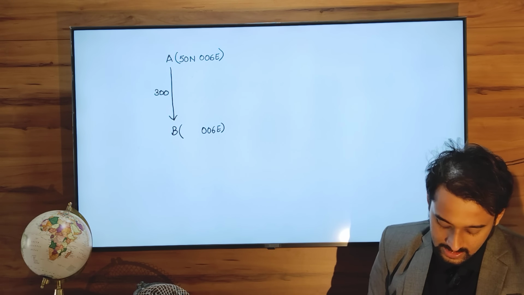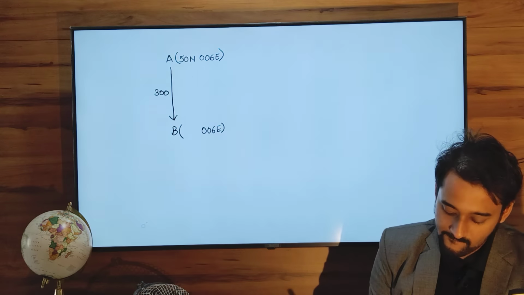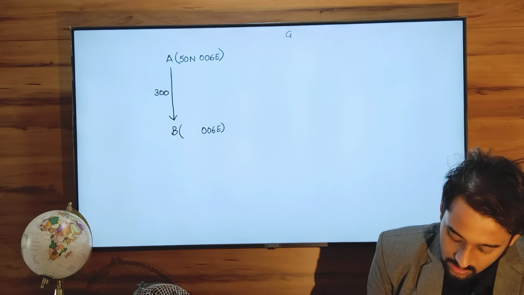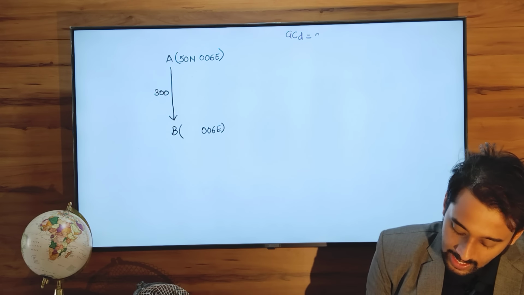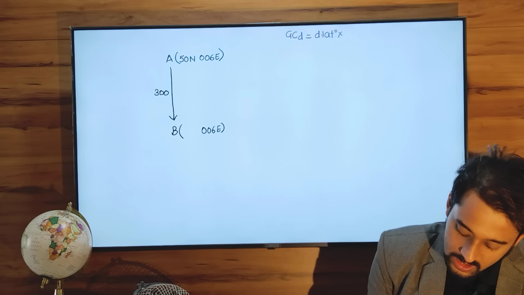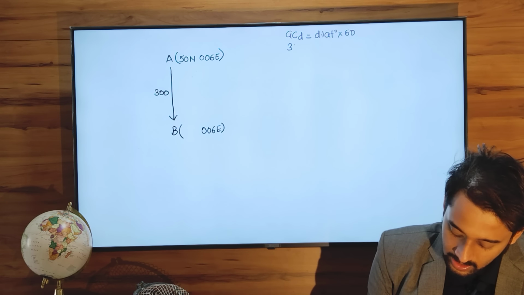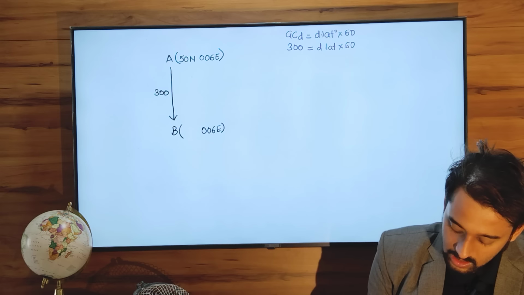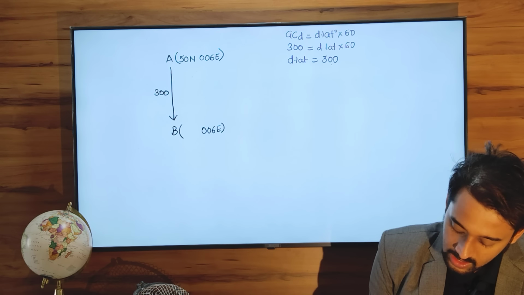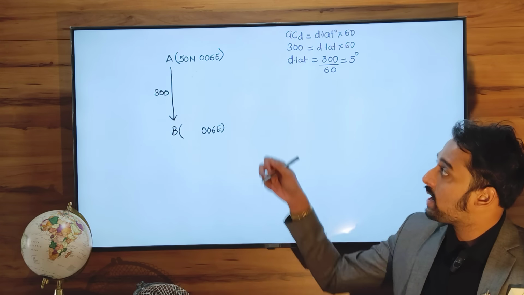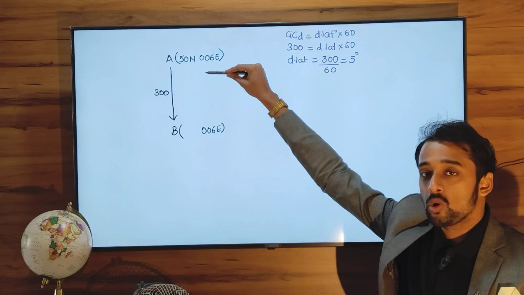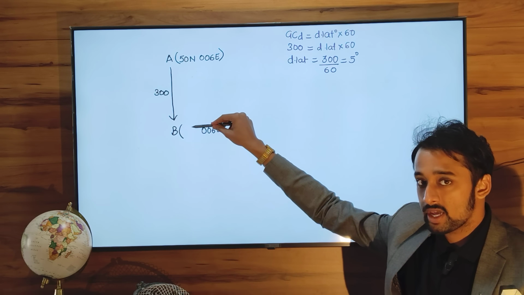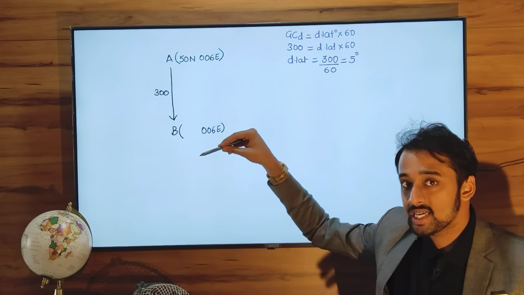So let's apply the great circle formula. It's d lat into 60. So 300 is equal to d lat into 60. D lat equals 300 divided by 60, which is 5 degree. So our new latitude will be, when you go in a southerly direction, your latitudes decrease in value.